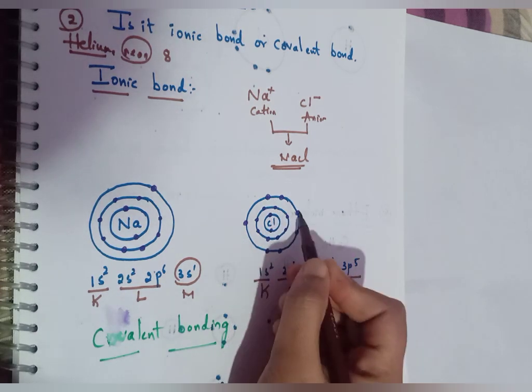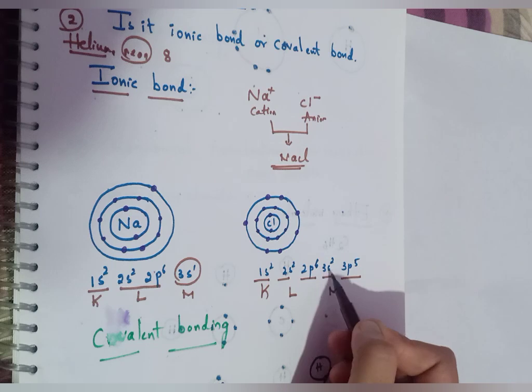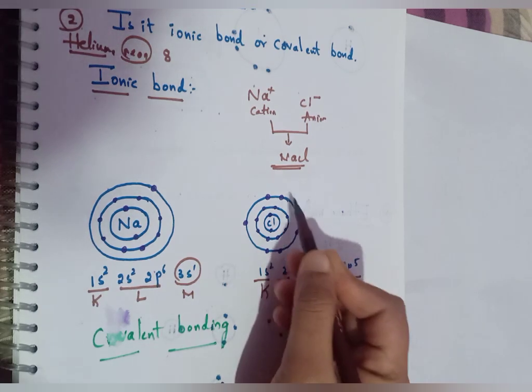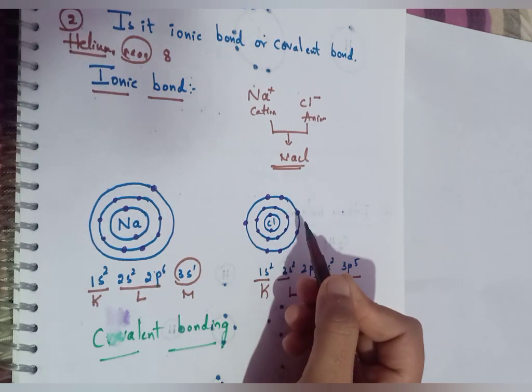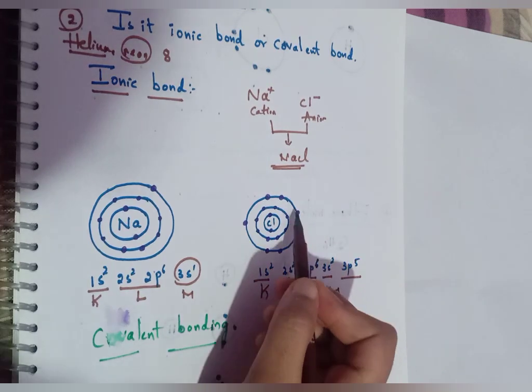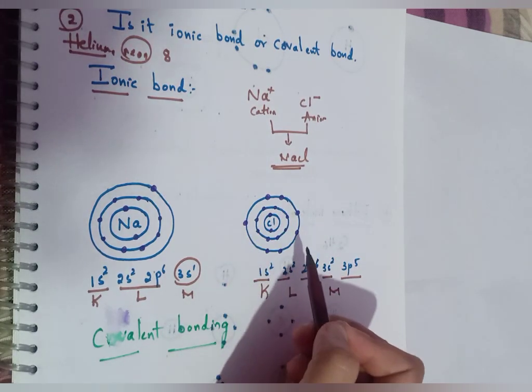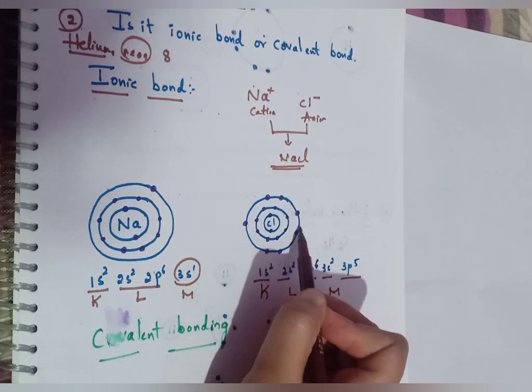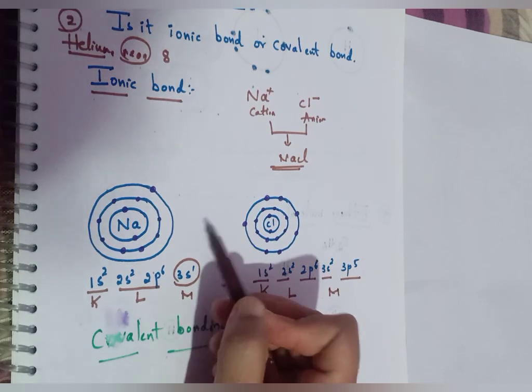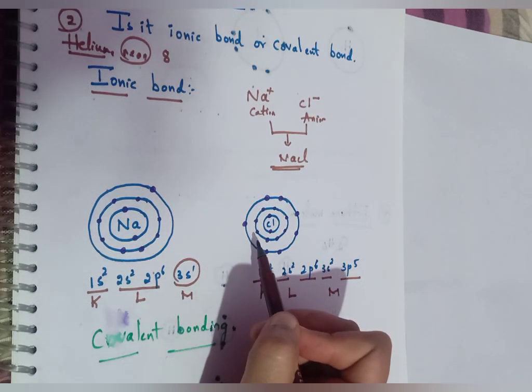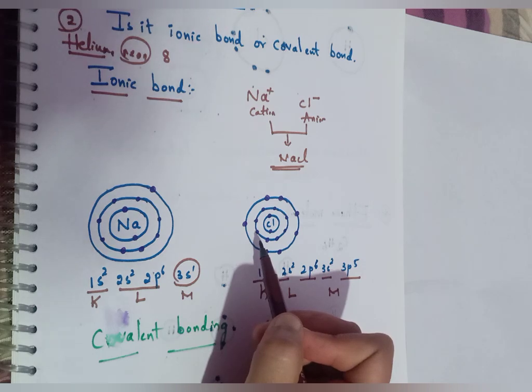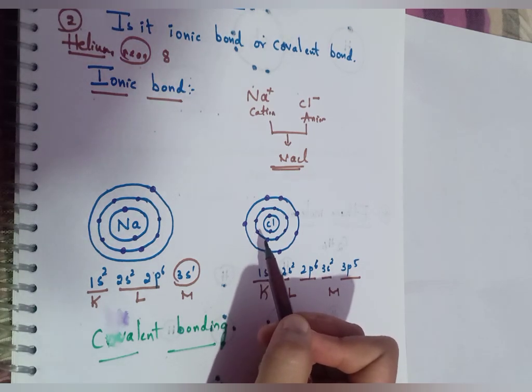So here 1, 2, 3, 4, 5, 6, 7 electrons, that is 3s2 and 3p5 electrons are filled in the outer shell. So the number of electrons in the outer shell in the chlorine is 7. So it needs another 1 electron to fill its outer shell or to attain noble gas configuration.